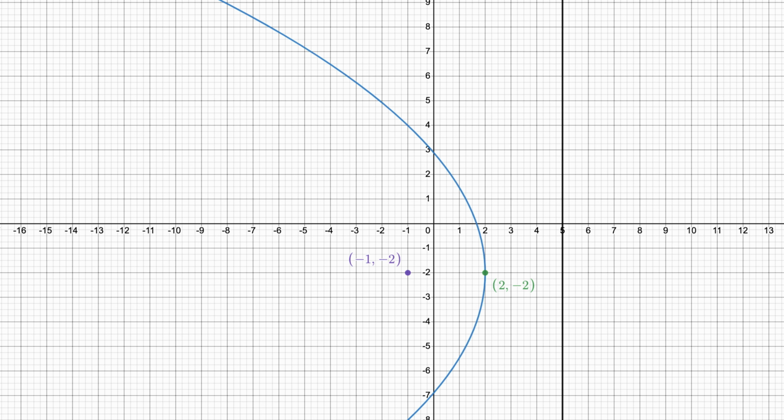Now let us try to determine the equation of this parabola in standard form. As you can see, it opens to the left. Hence, its c is negative. And since the focus is 3 units away from the vertex, then c equals negative 3. After finding the value for c, we now find the coordinates of the vertex. In this case, based on the graph, the vertex is at (2, −2).